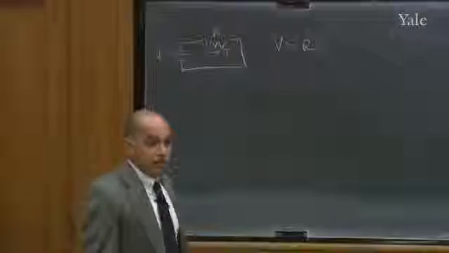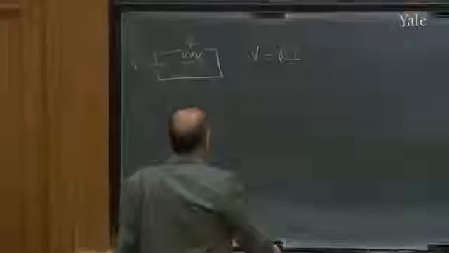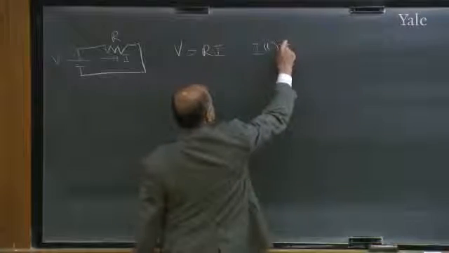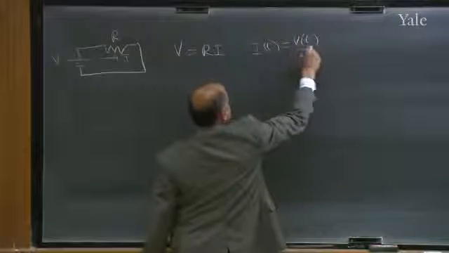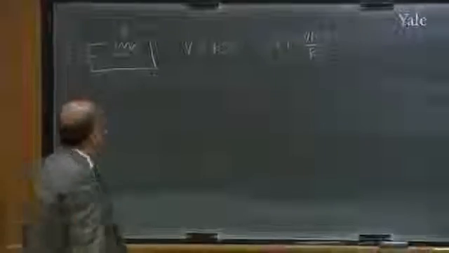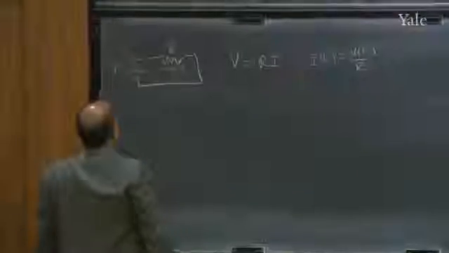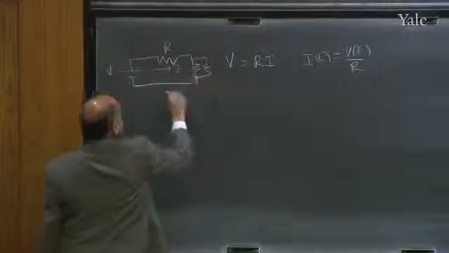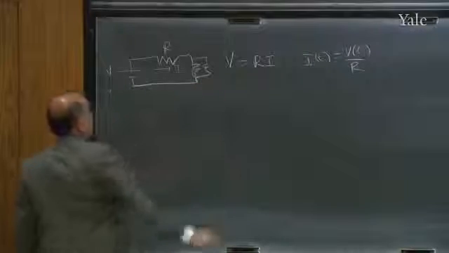Just an equation in algebra, one unknown, you solve for it by dividing, and you get I at time t as V at time t divided by R. And you can make the network more complicated, put a few more resistors here and there, resistors within resistors.